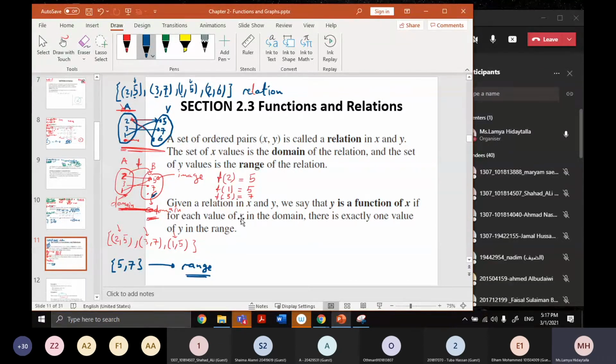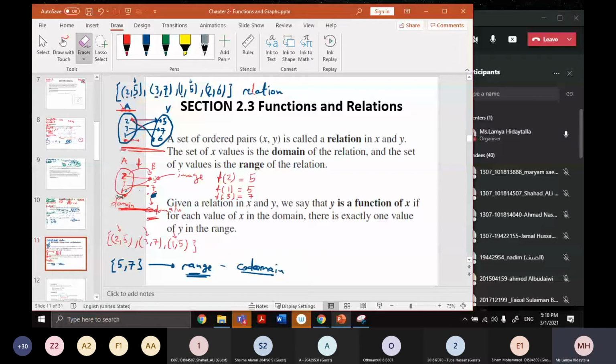If there was a 6, and there was another number, for example 4 here, and the 4 is mapped to the 6, then the range would be the same as the codomain. They would be equal. But sometimes, like our previous example, there is a 6 there, but it received no map.